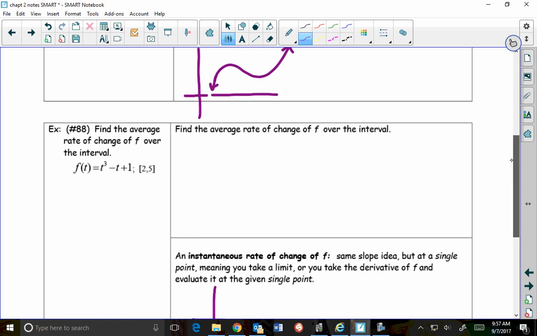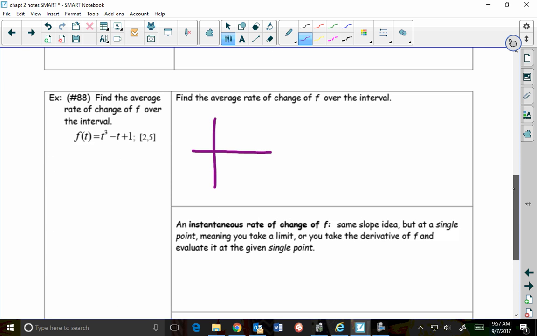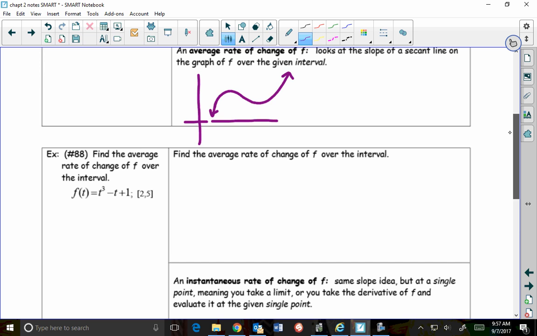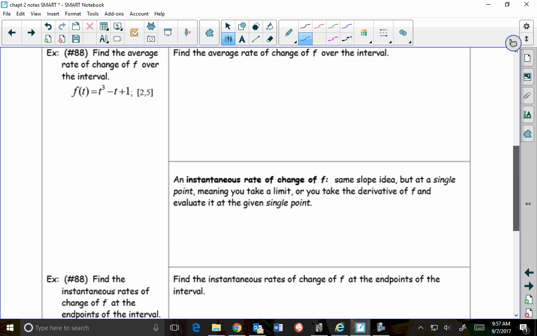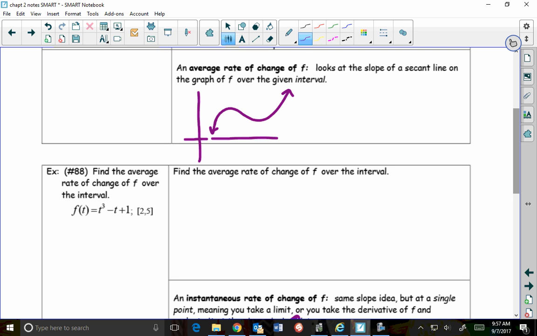Oh, man. What did mine look like? Let me just redo it. I don't know why it's being so picky. Alright, so I'm drawing the same graph. And now let's say that I have some point A, some point B. And then I have a C in the middle. Okay?